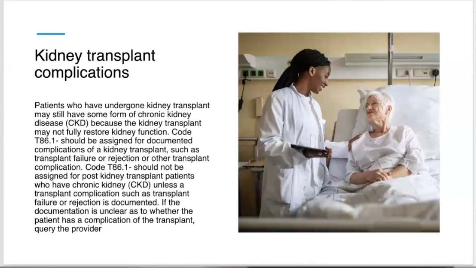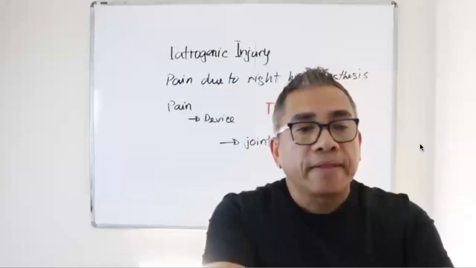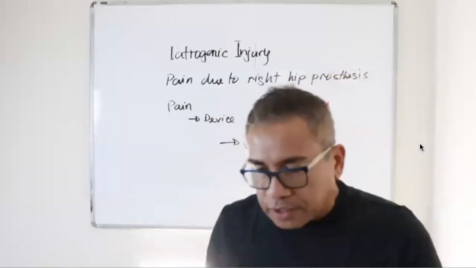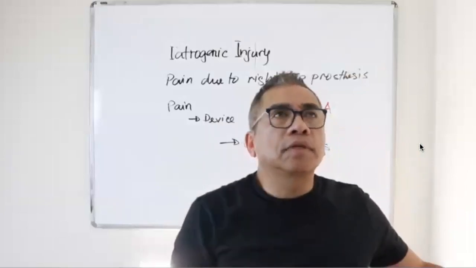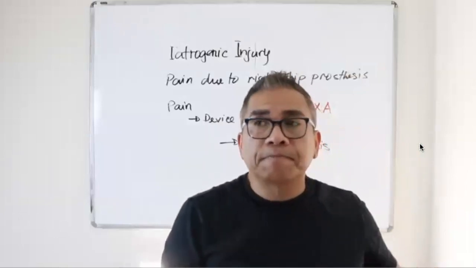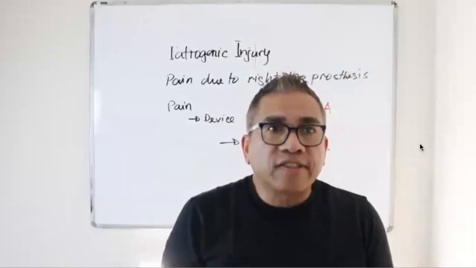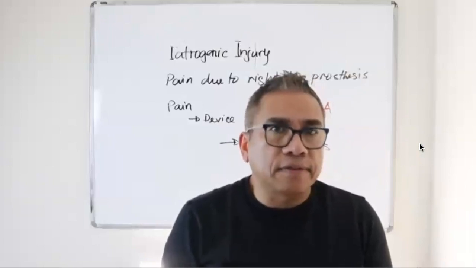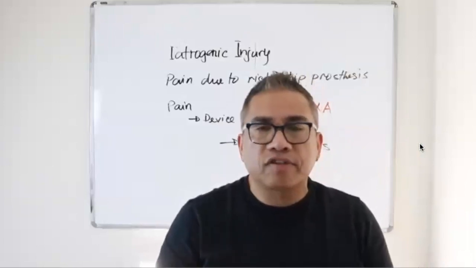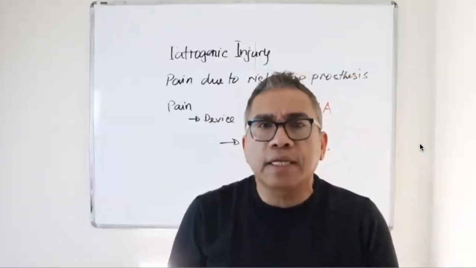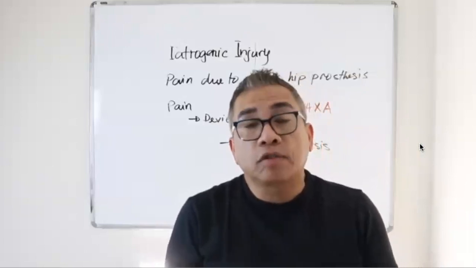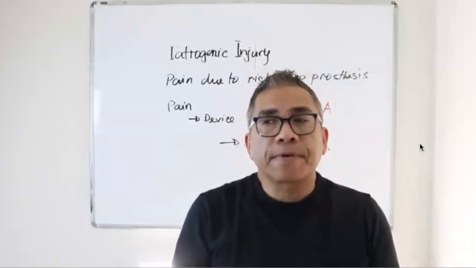Okay, this is how it works, guys, okay? The guidelines are telling us that if a transplant kidney patient is still experiencing chronic kidney disease, like stage 3, stage 4 chronic kidney disease, the guidelines say do not assume that it is a complication of the transplanted kidney, okay?